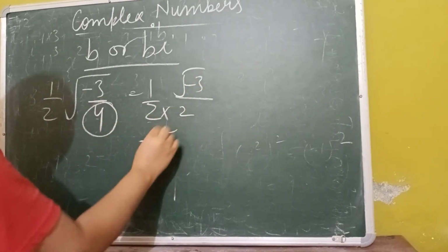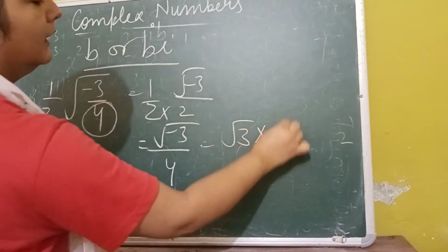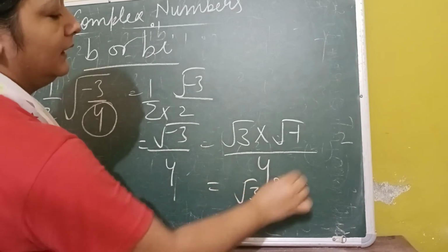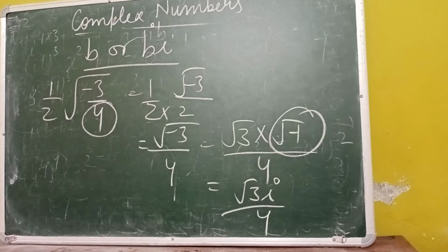So it's square root of 3 into square root of minus 1 upon 4. That means square root of 3 i upon 4. So this way we can express it in the form of a or ai.